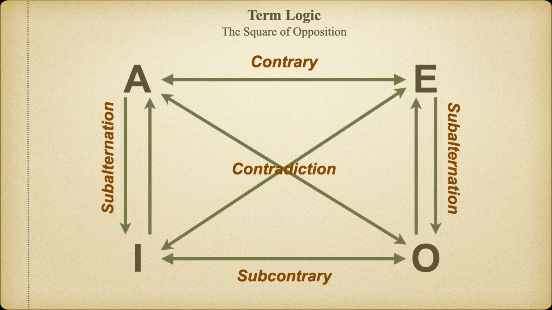By examining the relationship between pairs of categorical propositions, we find that there are 4 definable relationships on the square of opposition: contradiction, contrariety, subcontrariety, and subalternation. And as you've no doubt already noticed, these relationships are extremely useful to understand.